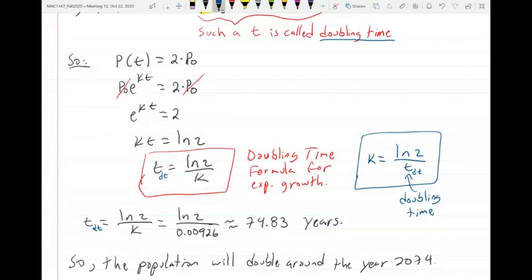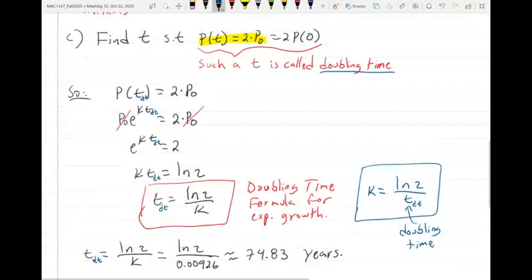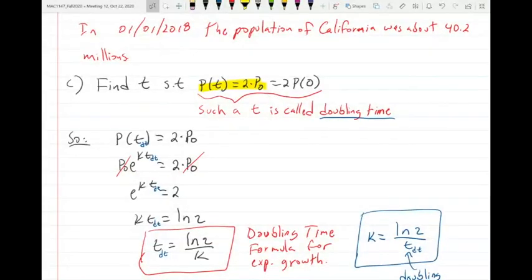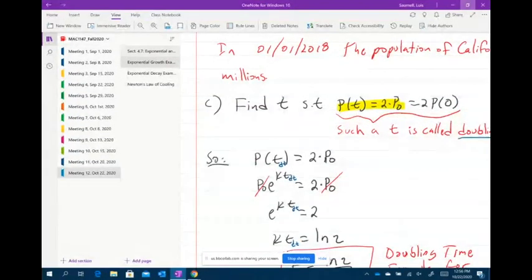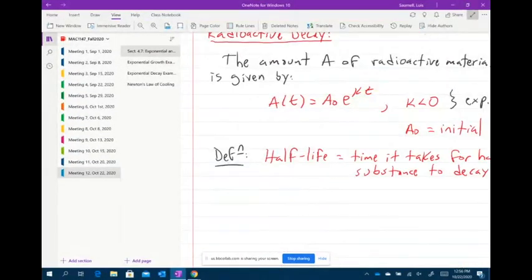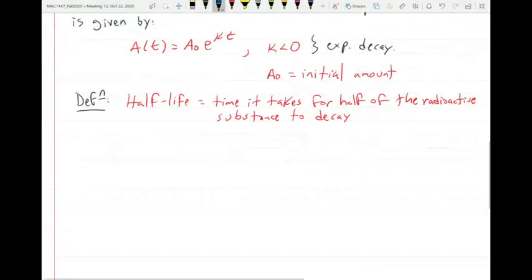That's for doubling time. So such a t is called doubling time, and then t sub dt. Okay. So with that, now we're going to use a similar notation for half-life.